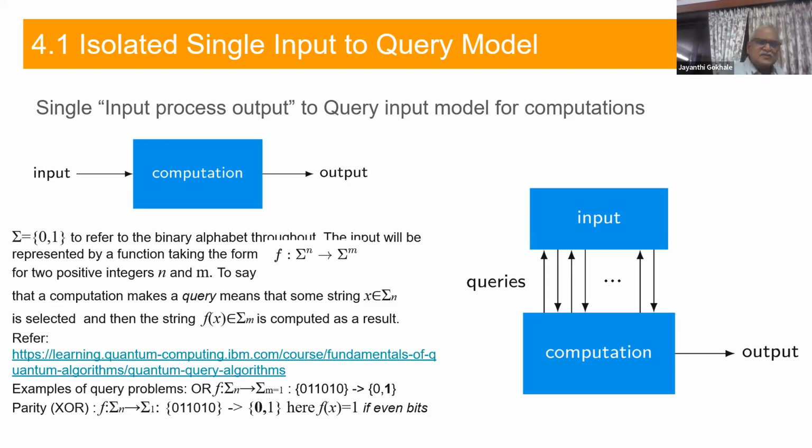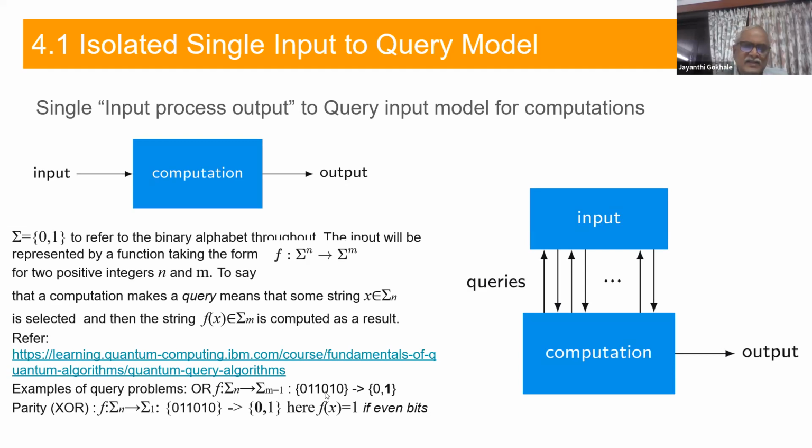Okay, so here is a small example to illustrate this concept. If I talk about an OR function, let's say it is a 6-bit OR. It is a function operating over a string of zeros and ones, 6 bits in nature, and generating an output where m is equal to 1. So the output will be 1 bit, and that bit could be either a 0 or a 1.